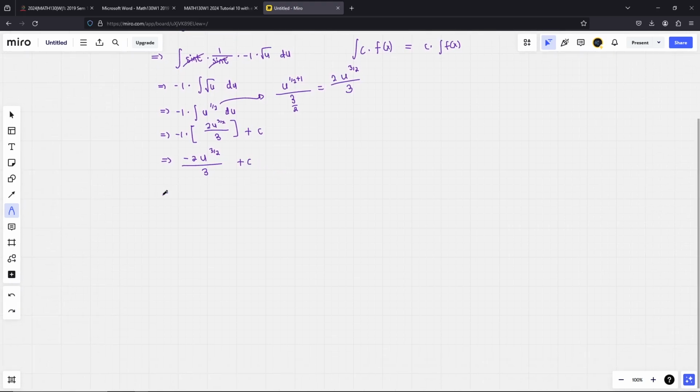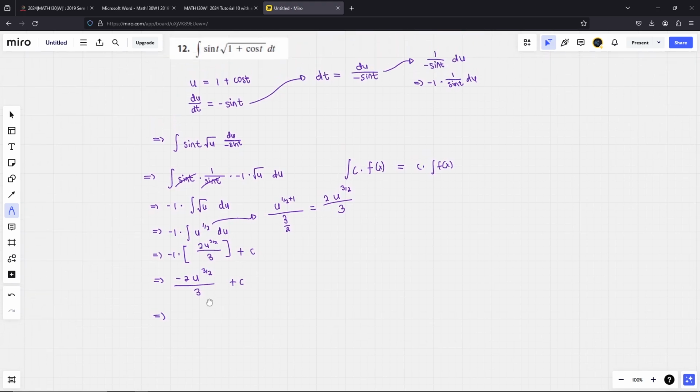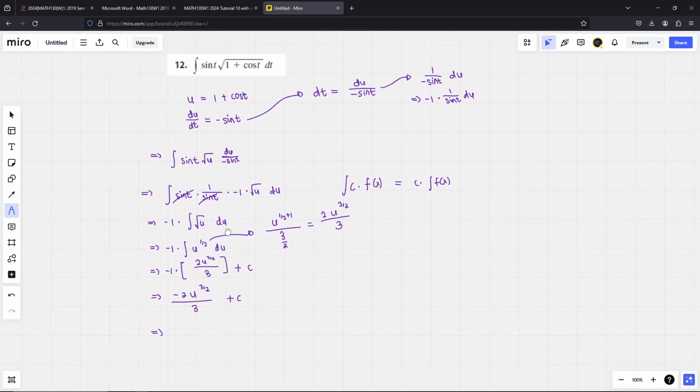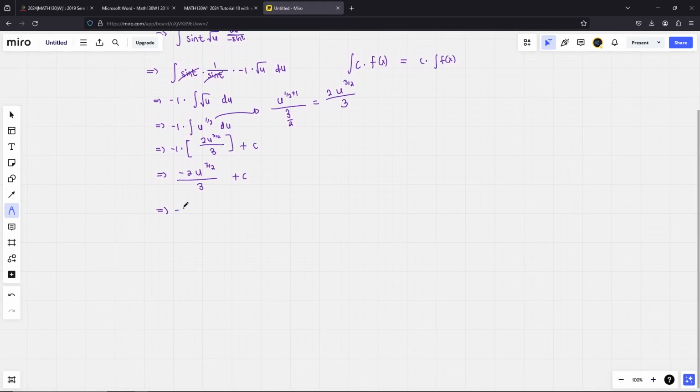And finally, we said that u is 1 plus cos t. So this is minus 2 into 1 plus cos t to the power 3 over 2 all over 3 plus c.